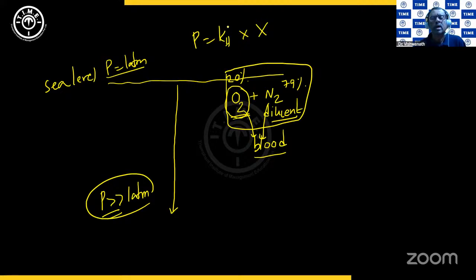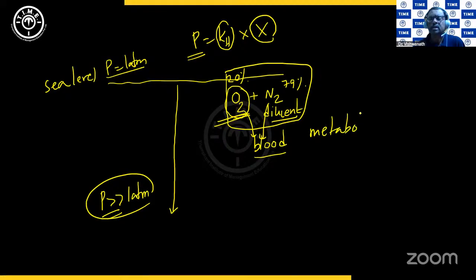Oxygen has got a KH, nitrogen has got a KH. Proportionately, the solubility of nitrogen and oxygen will be there in the blood at a pressure which is rising as the diver gets into the depths of the ocean. So oxygen and nitrogen have got into the blood more. Oxygen has got a role to play. Oxygen gets metabolized.